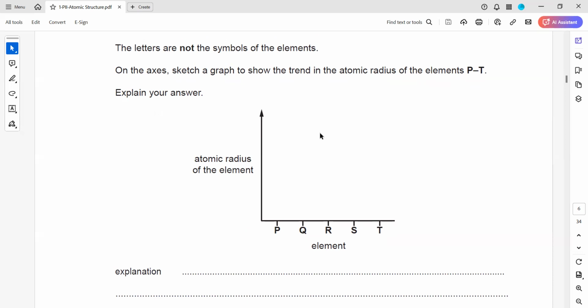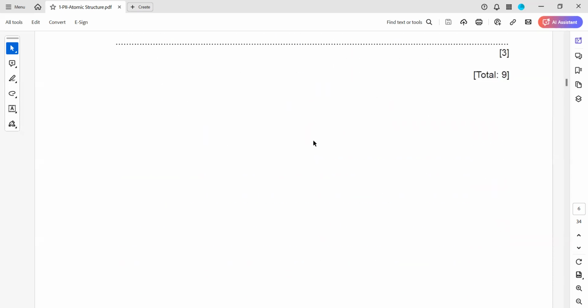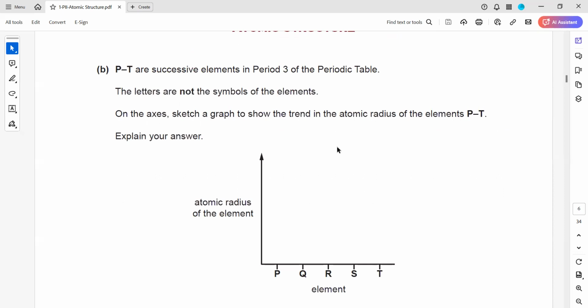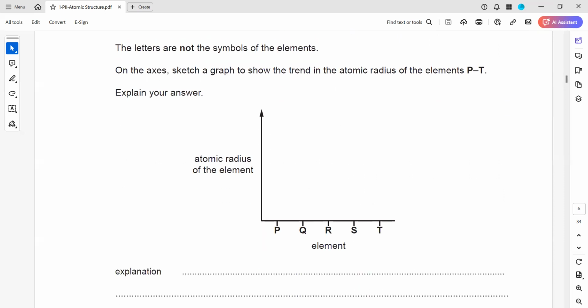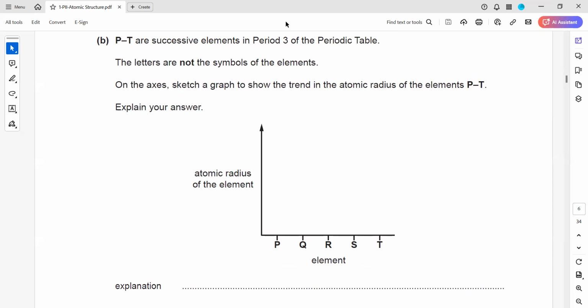And here, what happened to the atomic radii, the size of the radius of an atom? Because it's about the atomic radii. So successive elements, as in the same period, the proton number increases. If the proton number increases, so the nuclear charge will also increase.